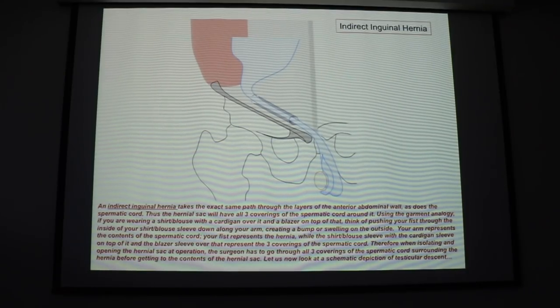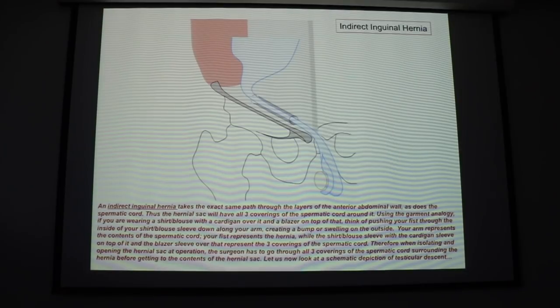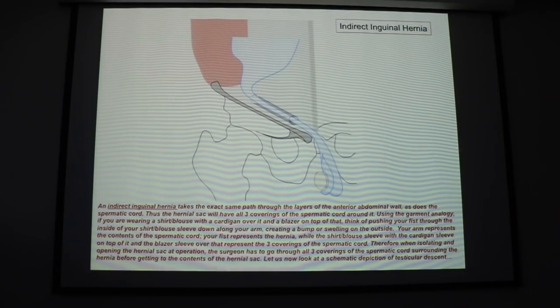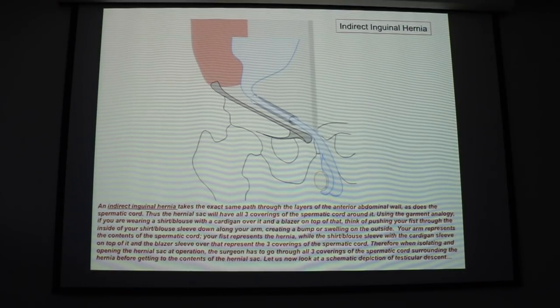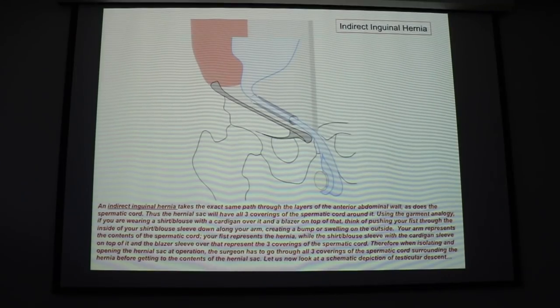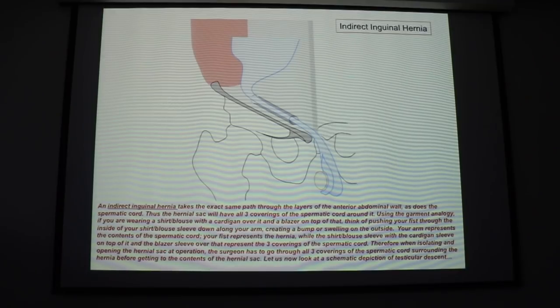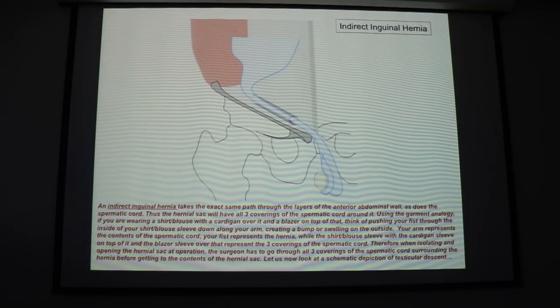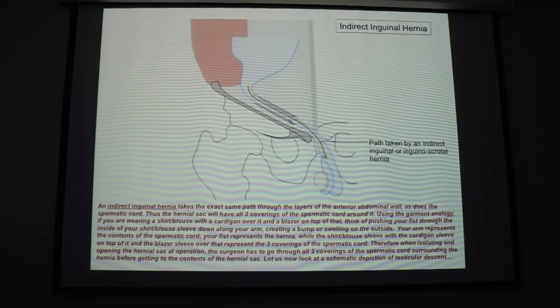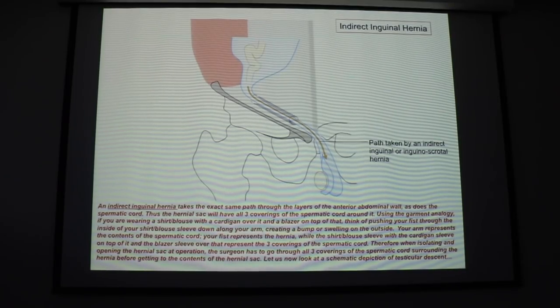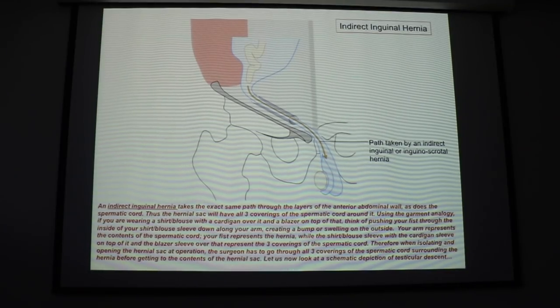So the processus vaginalis was closed, but there is still a chance that a loop of intestine can travel along with its coverings through the deep ring and the superficial ring to reach the scrotum. This we call an indirect type of hernia. You have seen it happening. So this is the pathway of an indirect hernia, and this is a loop of the intestine which follows this track. Got it?